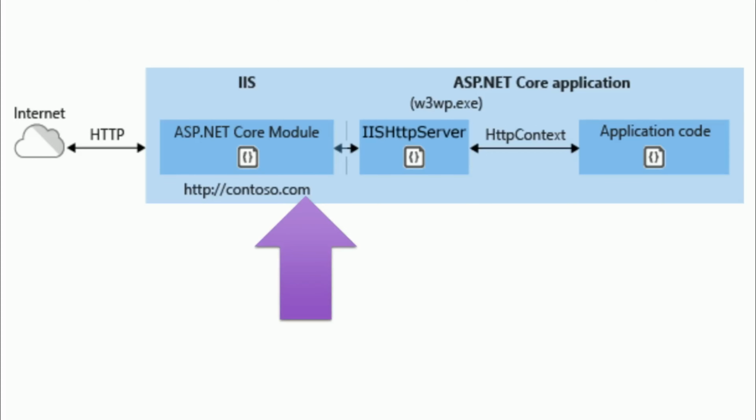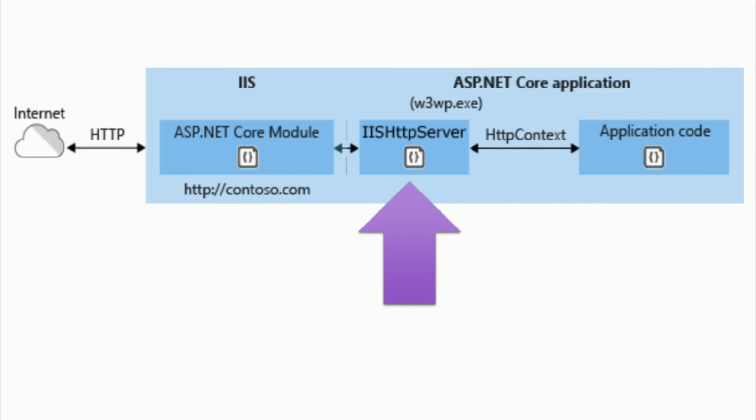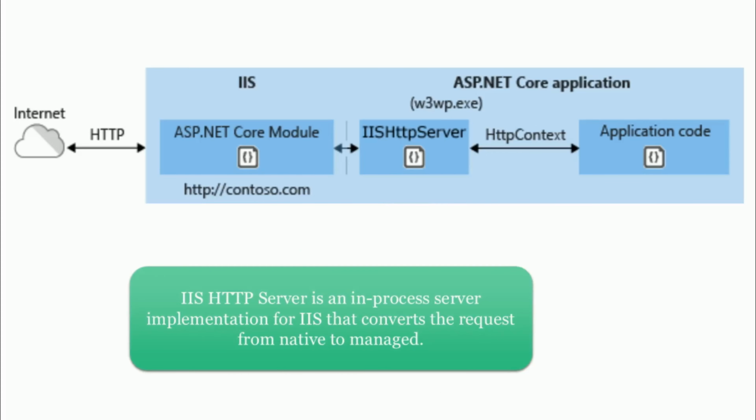Then the ASP.NET Core module receives the native request and passes it to IIS HTTP server. This is important when we cover difference between in-process and out-of-process, so don't lose your focus here. IIS HTTP server is an in-process server implementation for IIS that converts the request from native to managed.